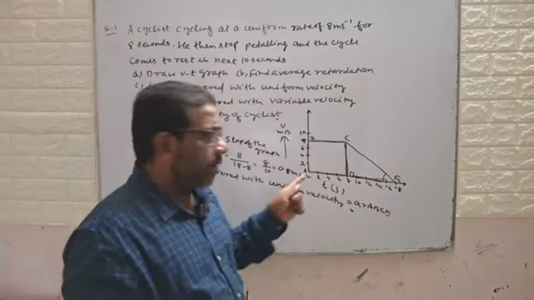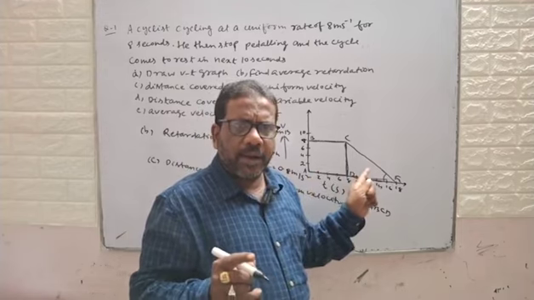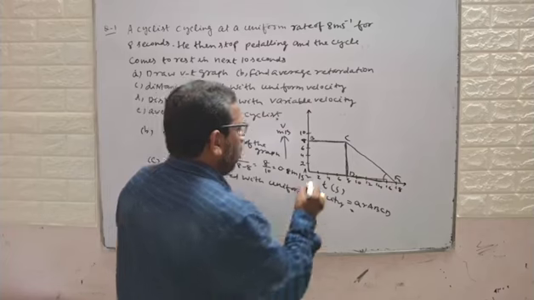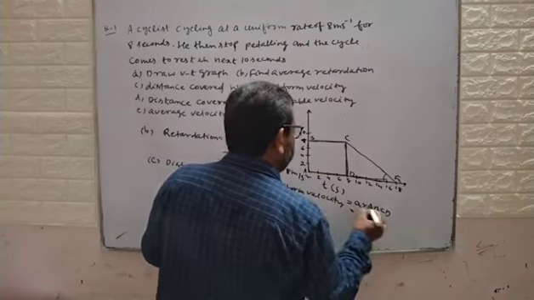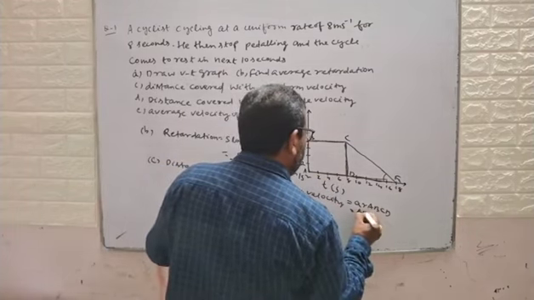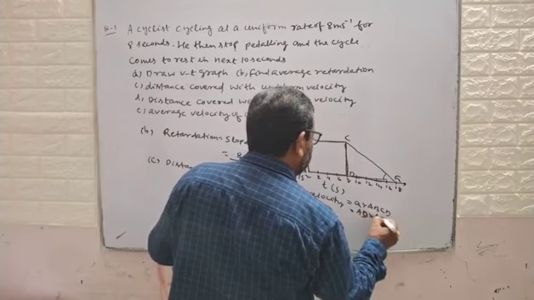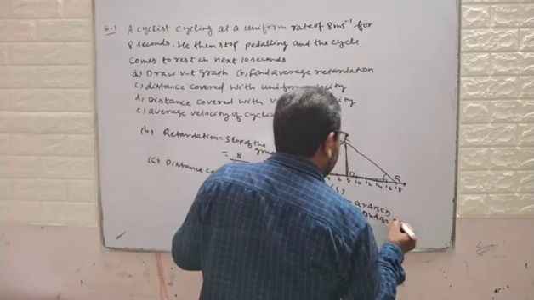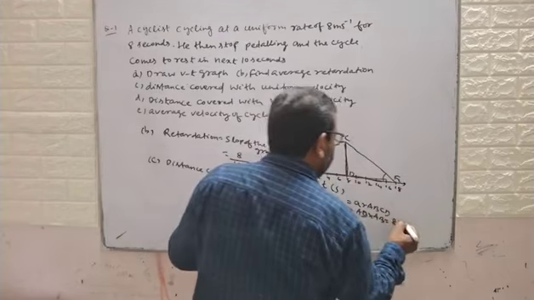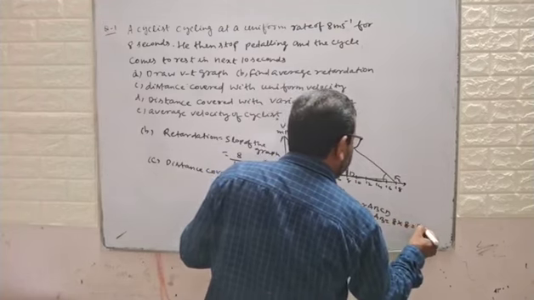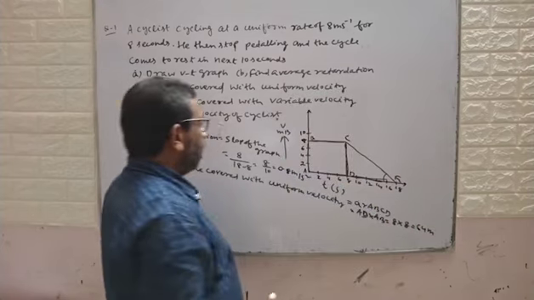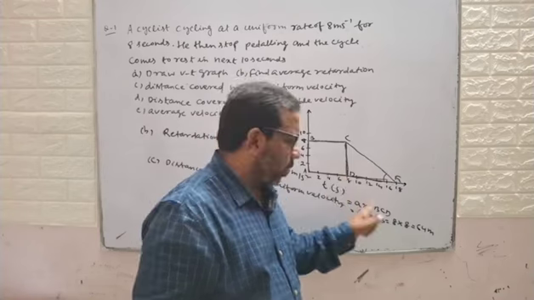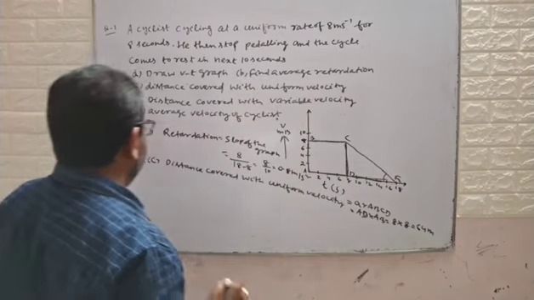This is a rectangle, and rectangle area length into breadth means AD into AB. AD into AB. AD equal to 8 and AB equal to 8. 8 8s are 64 meter. The distance covered with uniform velocity is 64 meter.